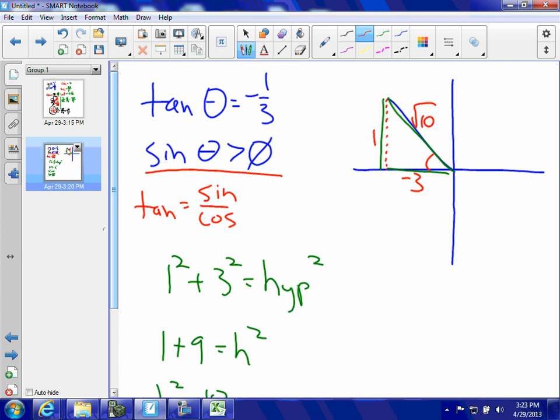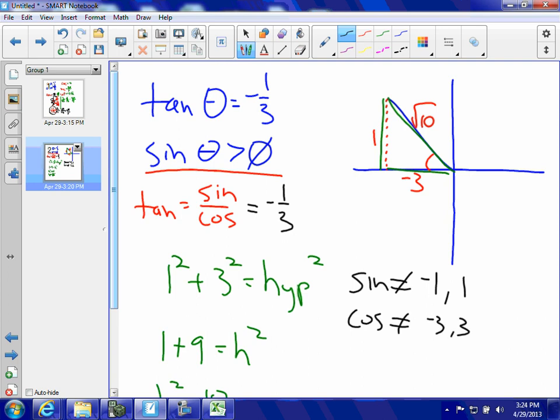Now, don't fall into the mistake here of thinking that, since tangent is sine over cosine, and we know that's equal to negative 1/3, sine equals negative 1 or 1, and cosine equals negative 3 or 3. Sine does not equal negative 1 or 1, and cosine does not equal negative 3 or 3.